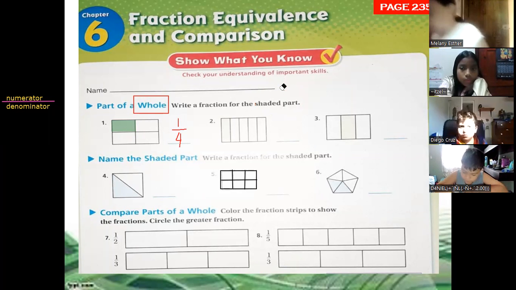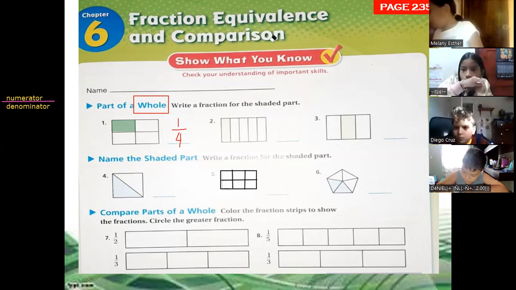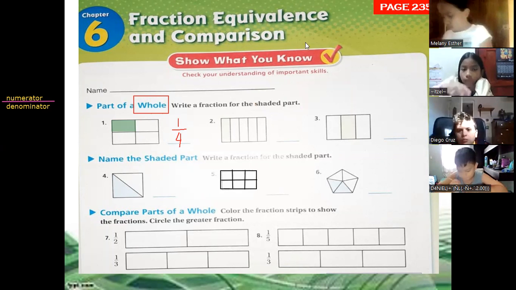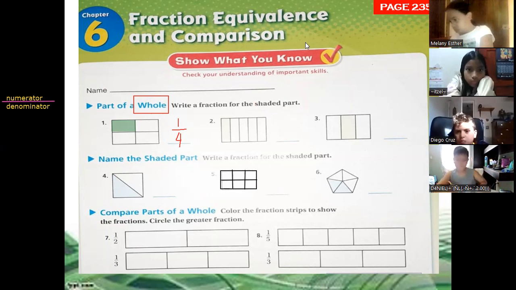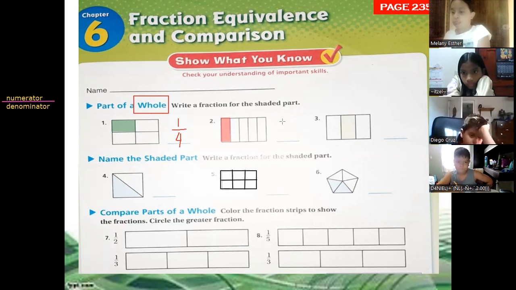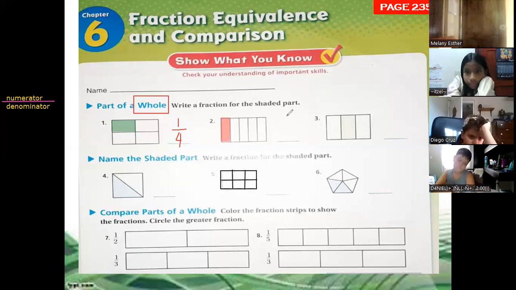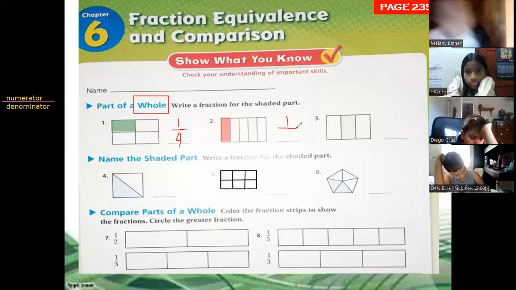The second one, again, we have to see the number of parts shaded in the exercise. How many parts are shaded in this exercise? 1. So we write the 1, then the line that divides the fraction.